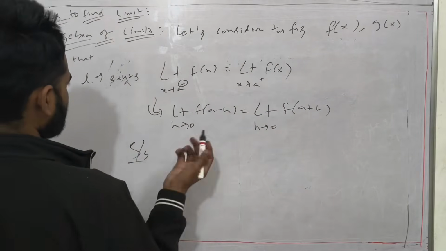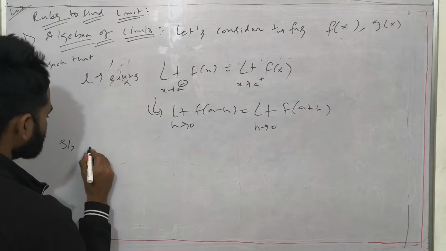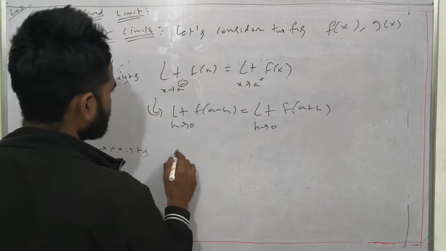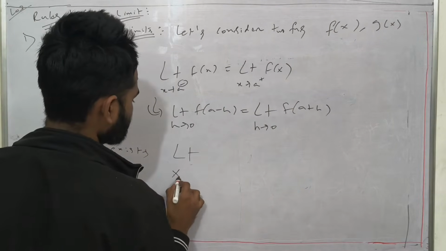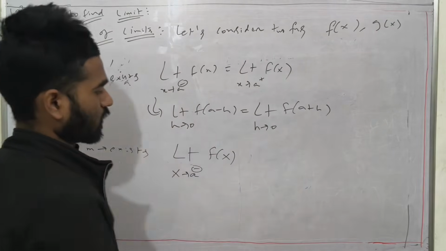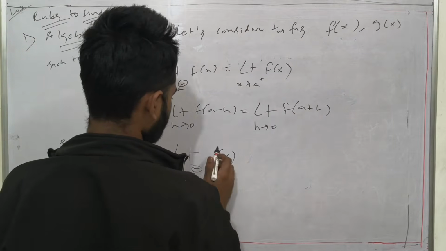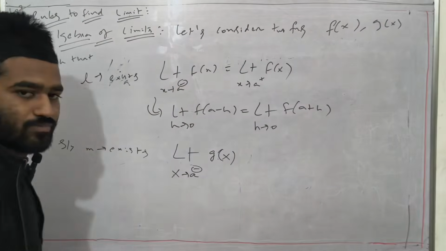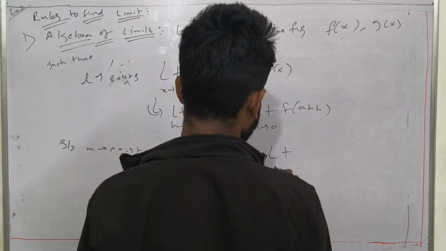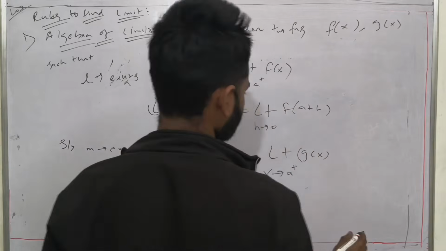Similarly, m adjust means limit x tends to a minus g of x, because we are taking m corresponding to g of x, equals limit x tends to a plus g of x.